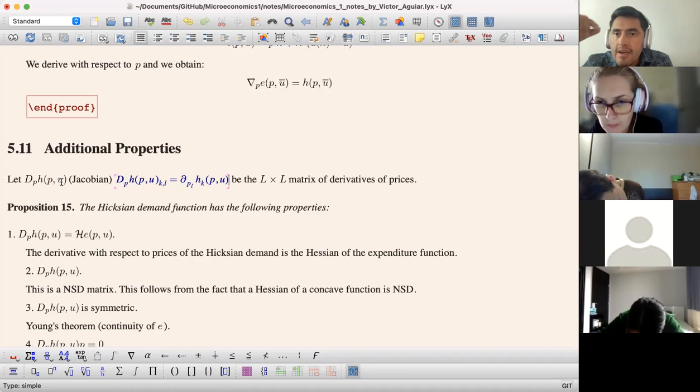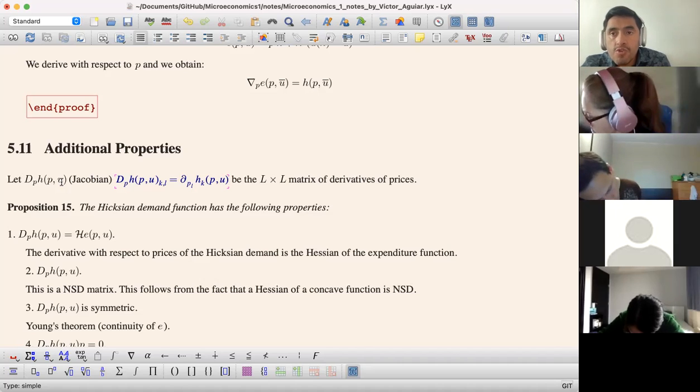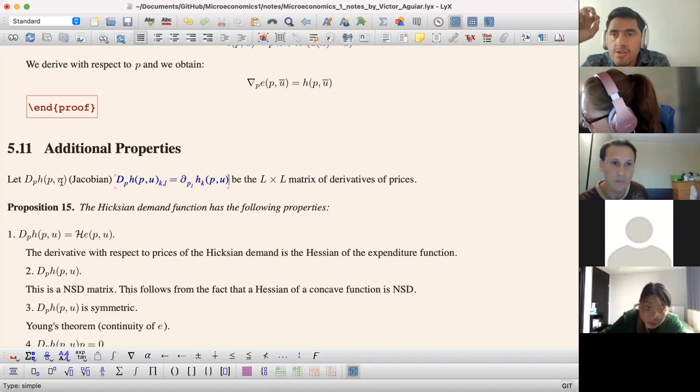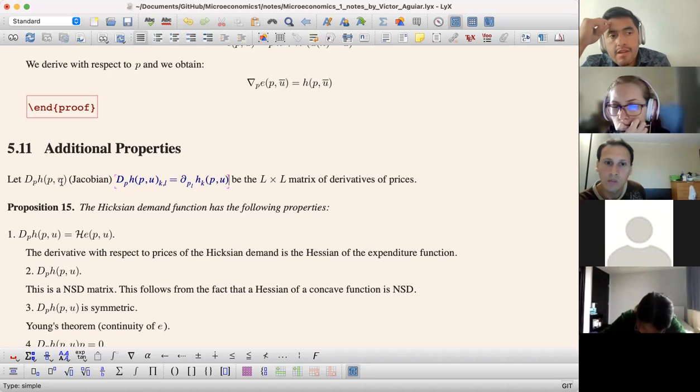In the off-diagonal, for instance, entry 1,2 is good 1 with respect to price 2. So off-diagonal you are in the substitution effects, and that's why this is also called a substitution matrix.